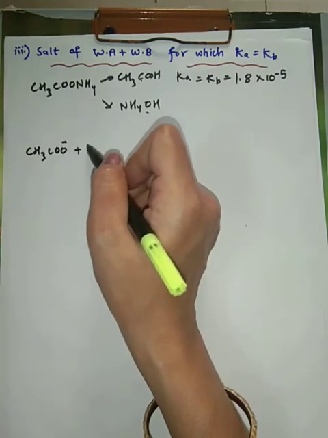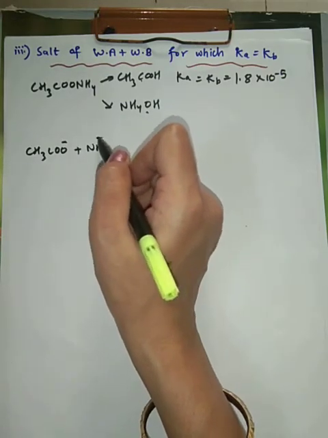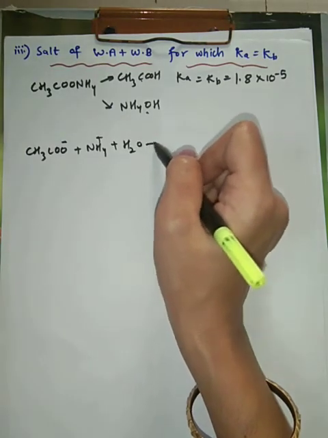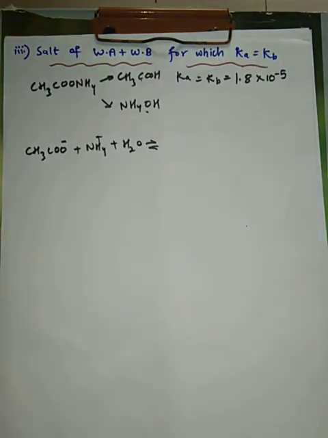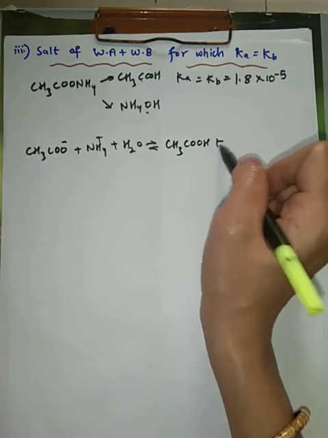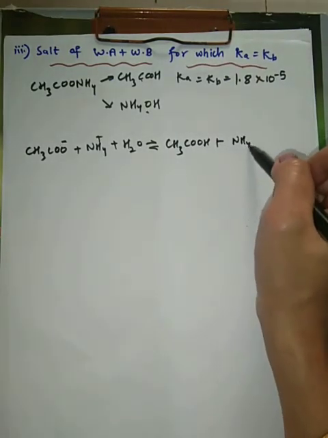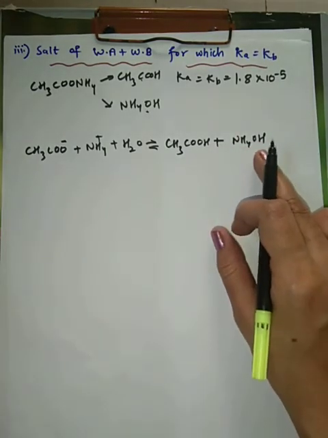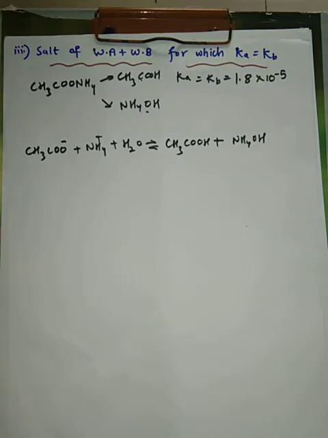The ions will react. That is hydrolysis. Ions of the salt react with water to give acetic acid and ammonium hydroxide, and their strength as acid and as base is equal, as already said.